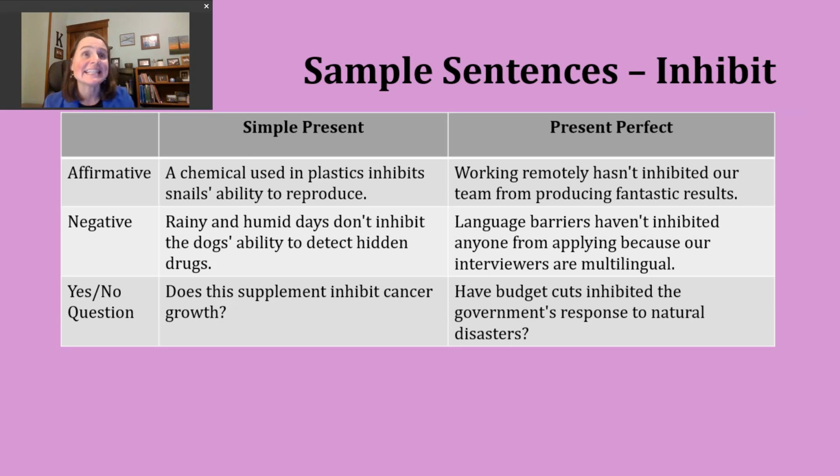Now, if you want to make a negative present perfect sentence, again, pay attention to your subject. You'll use either have not and then the participle, or has not and then the participle. Here's another example. Language barriers haven't inhibited anyone from applying because our interviewers are multilingual.